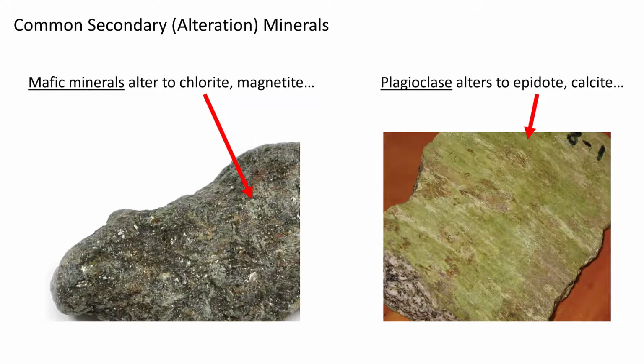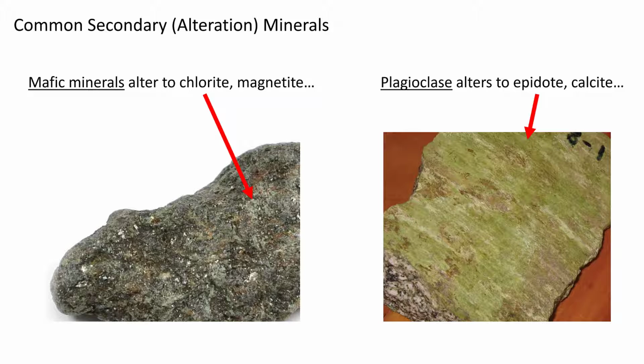There are frequently secondary alteration minerals present in these igneous rocks, certainly in the Kingston area, which we'll see. These minerals form from alteration of the rocks after their initial formation from the magma.